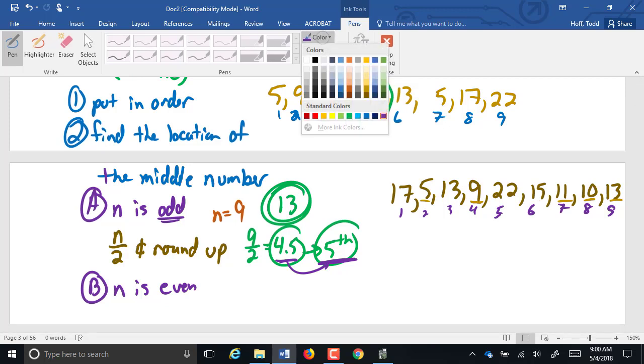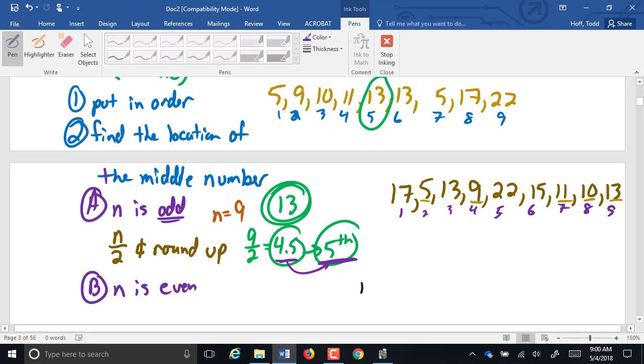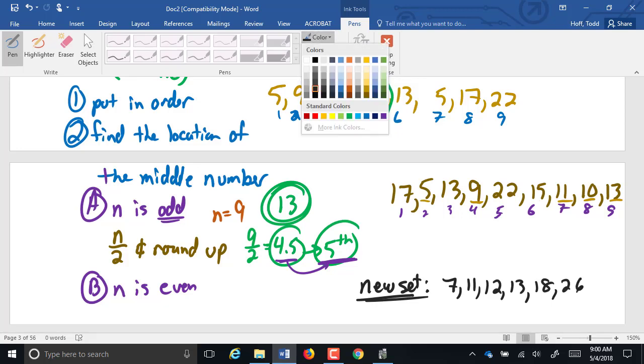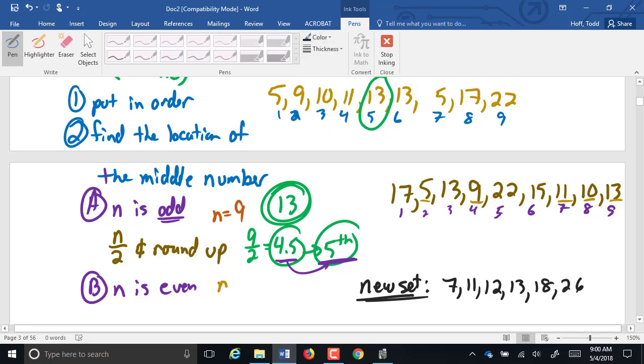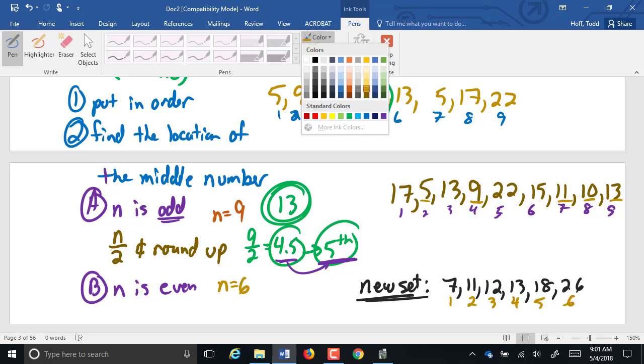If n is even, I'm going to have to make up a new set for us here. I'm going to just put this set in order as I make them up for you. In this set, what does n equal? 6. Very good. So since n is 6, n is even.